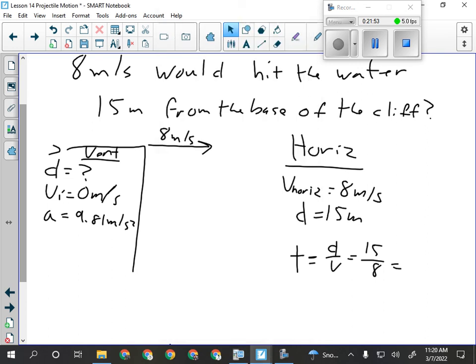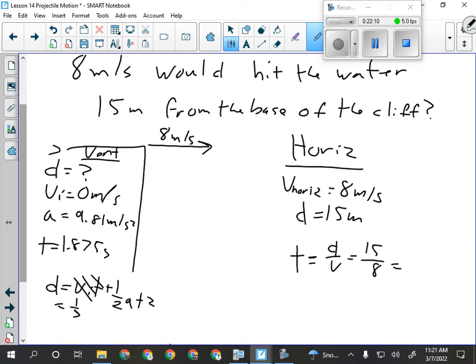All right, so we got 1.875 seconds as our time. That can come over here to the vertical parts. And now I can calculate D using this formula. It's the one we use every single time, it seems. That's going to be 0, plus 1/2 times 9.81 times 1.875 squared.